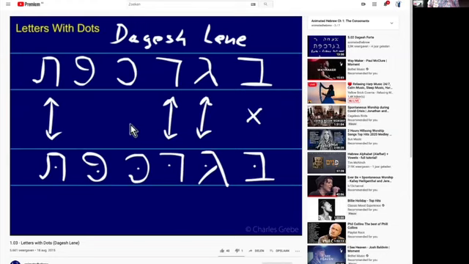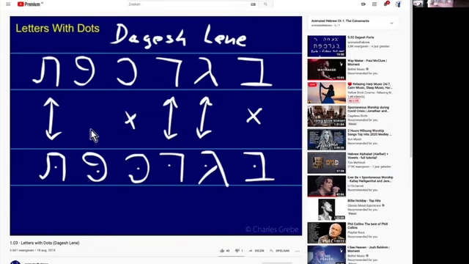The kaf is also pronounced differently. This is ch, as in loch, or bach, and this is k. So ch and k. Maybe this is not the best example, but it's a fricative or aspirant, a continuous sound, while k is a hard sound that stops. So these two are not pronounced the same.